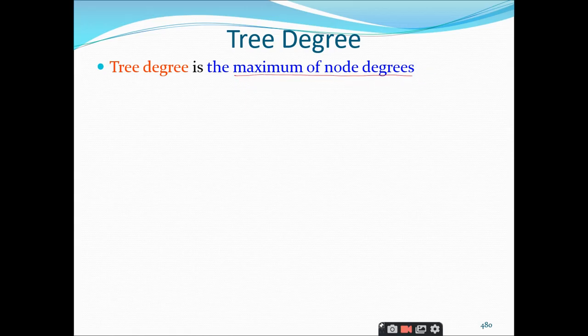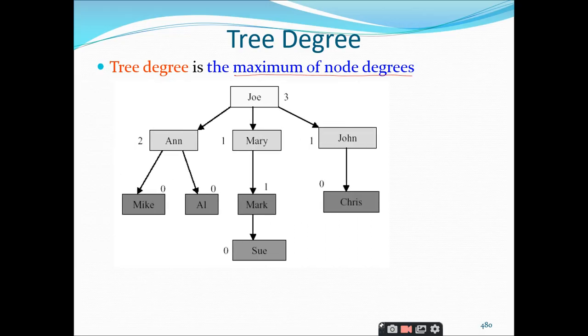So you calculate the degree of each and every node inside the tree and take the maximum from it, which is considered the degree of the tree. Is it clear? Yes, sir. Right. So the degree of this tree is 3, sir. Right, 3. Super.